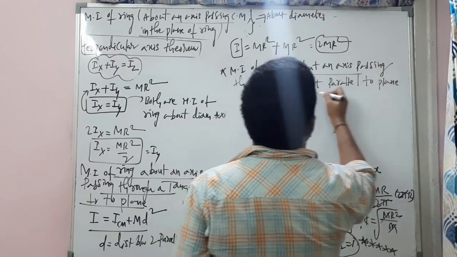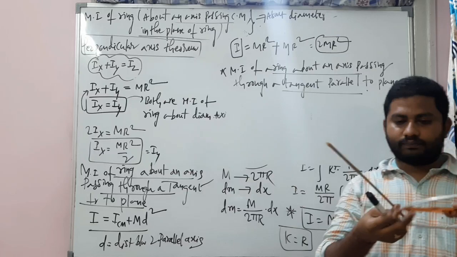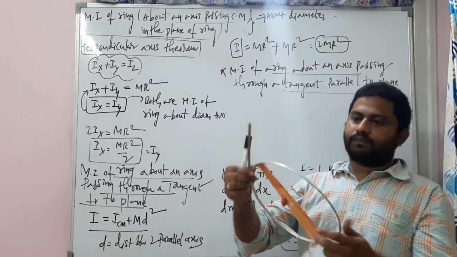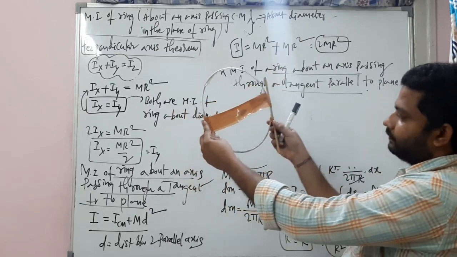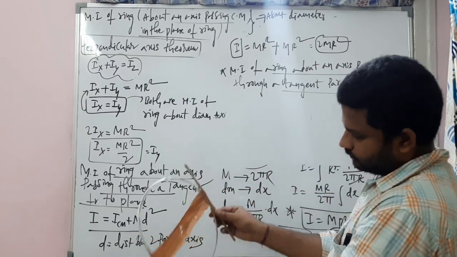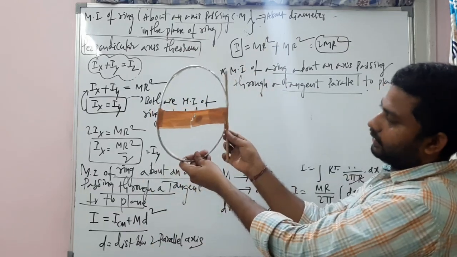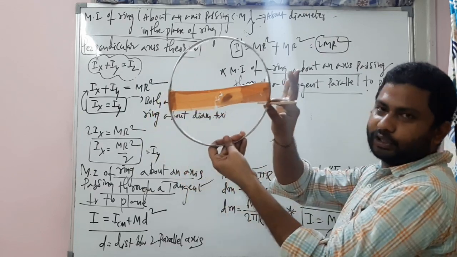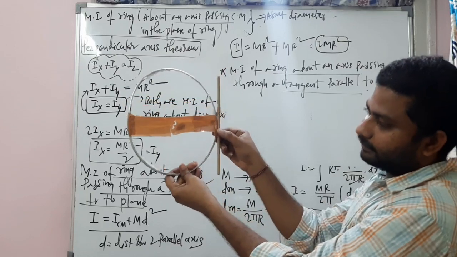Students, parallel to the plane of the ring andre, ಇದು plane of the ring, ಇದು tangent parallel to the plane of the ring. Previous one, tangent perpendicular to the plane of the ring. ಈಗ tangent parallel to the plane of the ring.